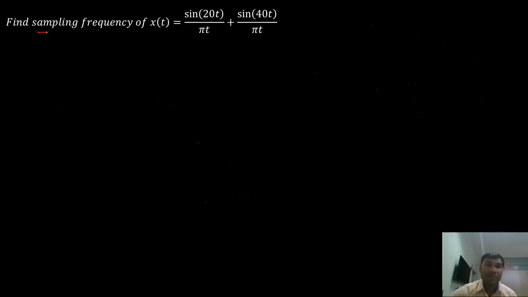Now find the sampling frequency of x of t. Here the question is incomplete. Find the sampling frequency of x of t to recover the original signal from its samples.